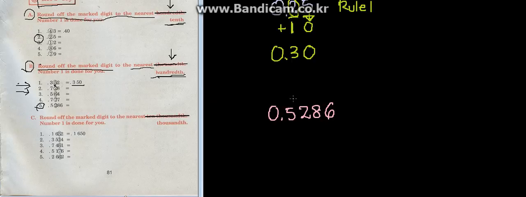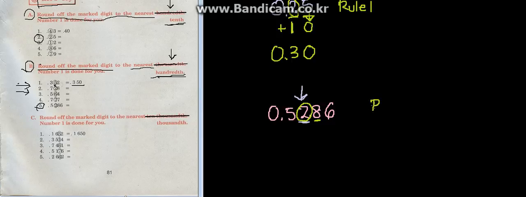Let's go back to the black screen, and where's the hundredths place? The hundredths place is here, right? As you can see in the book, the marked digit, which is 2, is circled, and to the right of the marked digit there is an 8. So 8 is equal or greater than 5, right?